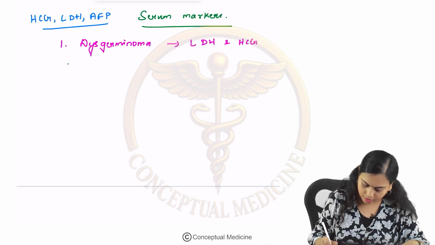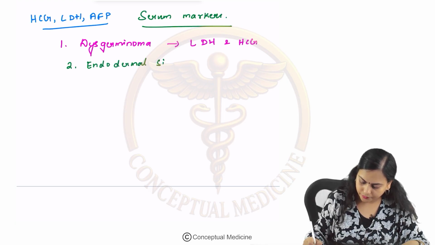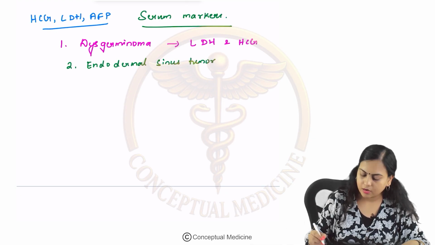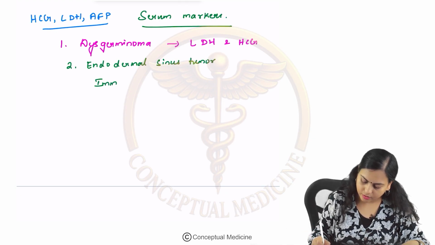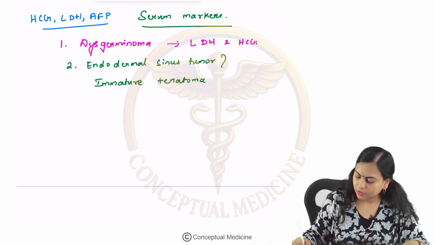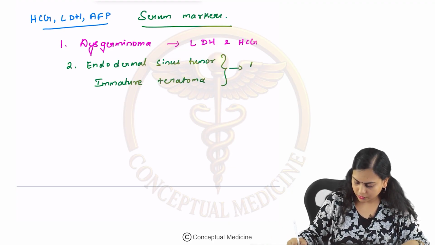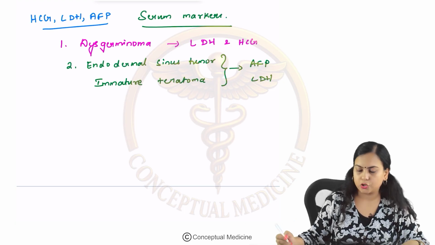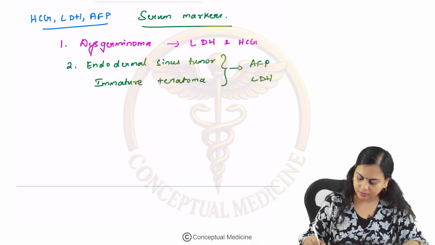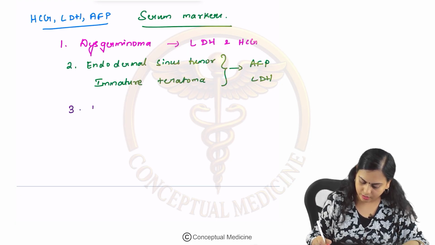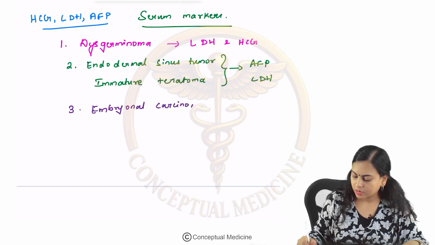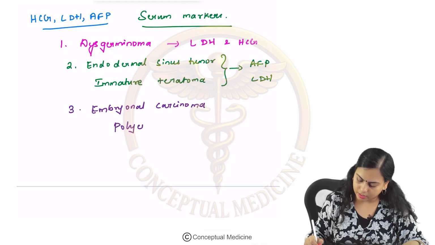Clear? Then endodermal sinus tumor, and also here immature teratoma are going to show positivity to AFP and LDH. Okay. Then we have embryonal carcinoma, polyembryoma, or a mixed tumor.